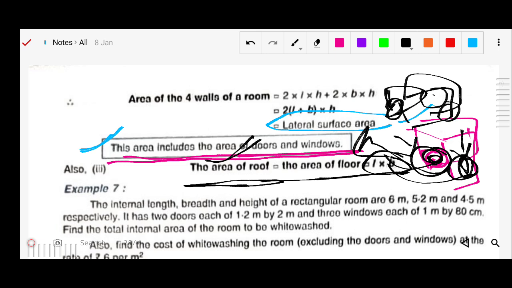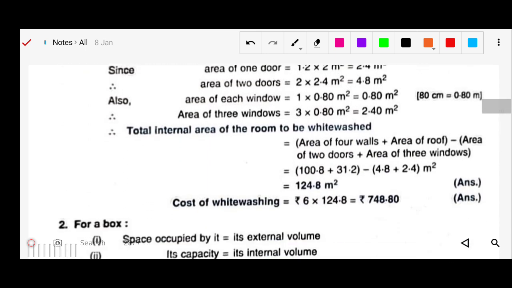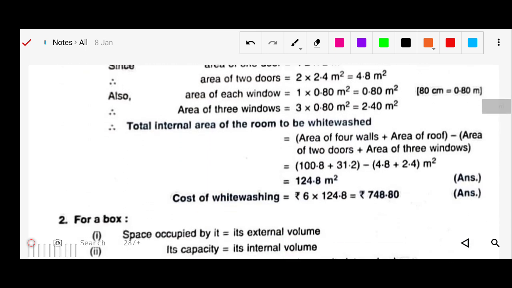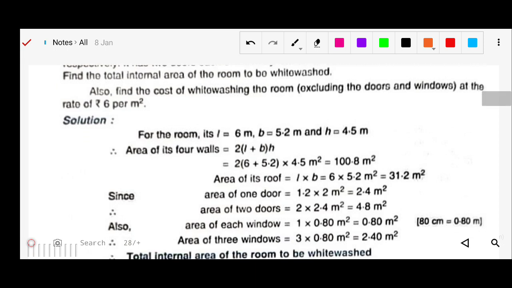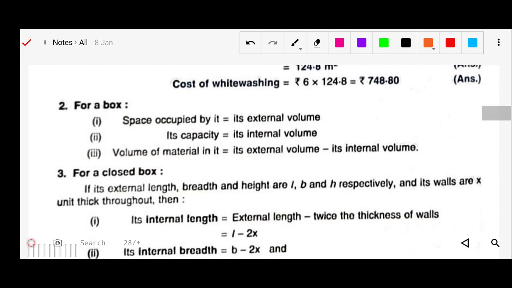For these four walls you have the formula 2 into (L plus B) into H, but there is a top as well as a bottom, that is the roof and the floor. For that, L into B. So according to the questions you have to arrange it. Next, we have some examples based on this concept, to find out the lateral area and what the cost is for that.